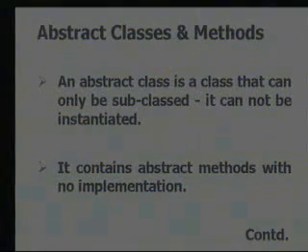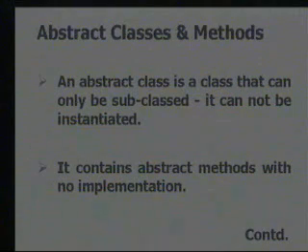You can't create any object of it, but you can create any number of subclasses and implement all those methods which have been left unimplemented. So an abstract class contains abstract methods with no implementations.